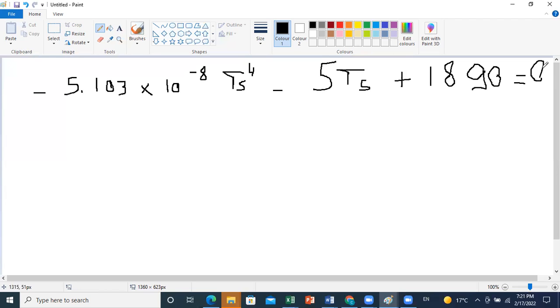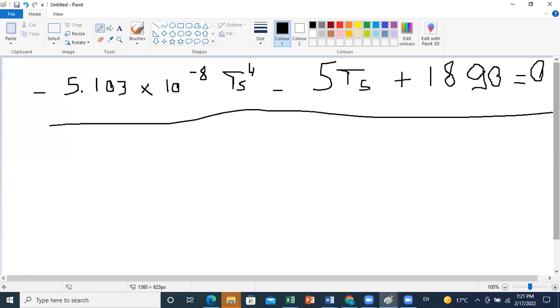Okay. Now, solving for this equation, you can deduce what is the value of TS in Kelvin.